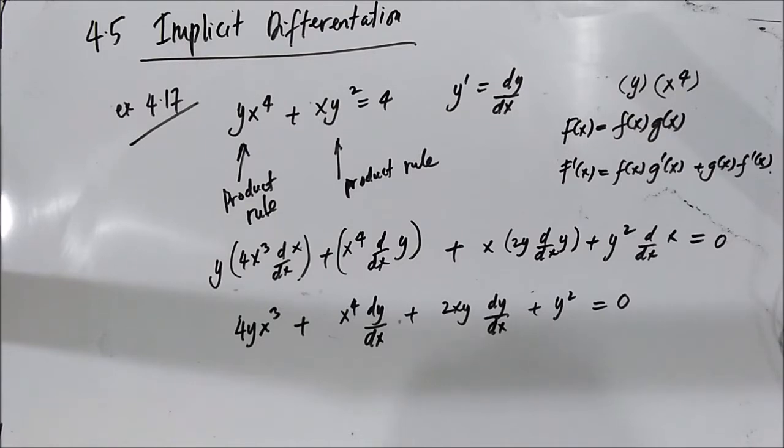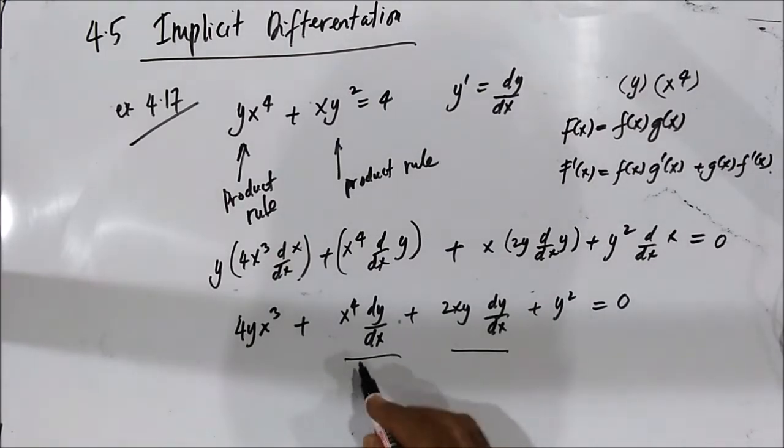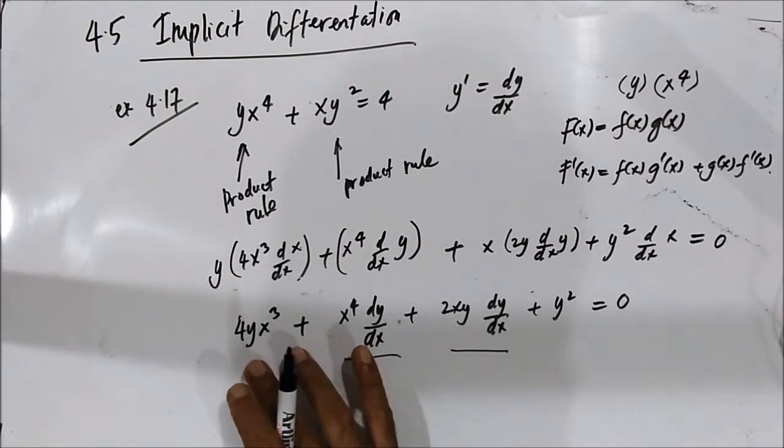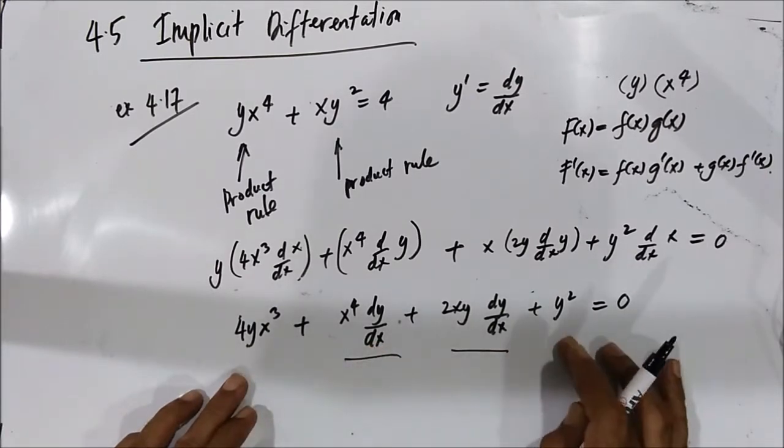So I can group dy/dx together. So this thing I can write like this. This one I bring to the right, and this thing I bring to the right.